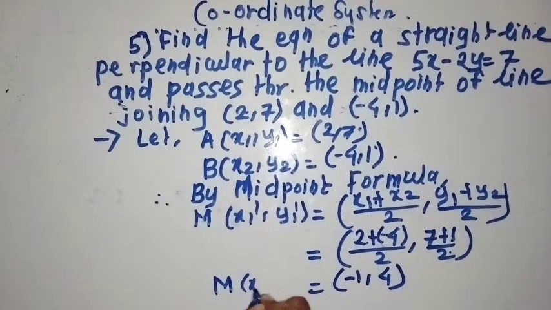Hence the point M(x1 dash, y1 dash) is (minus 1, 4).